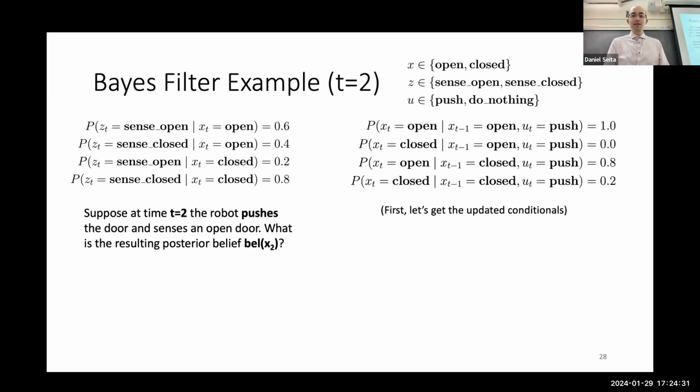Here are the newer probability distributions that you need, because now we're pushing, so we need to assume that as part of our action.